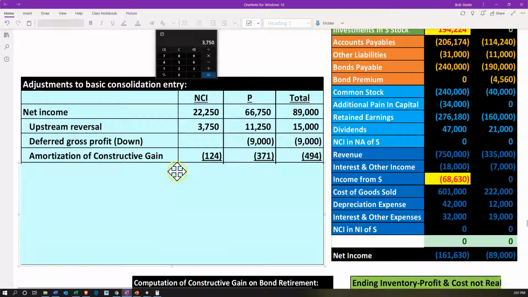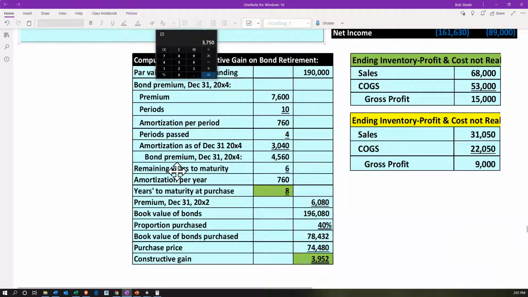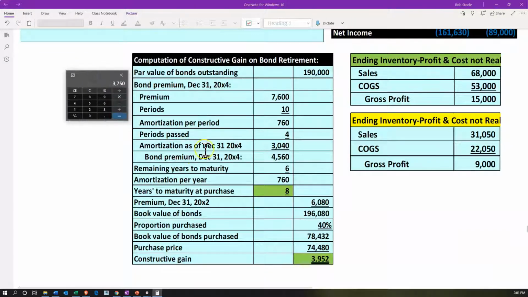Then we have the consolidation of the constructive gain. So the constructive gain, you'll recall, we calculated down below. Where did the constructive gain go? Here it is. I made it green so I would see it, and then I couldn't see it. So that's going to be the constructive gain, which we had to calculate from the purchase that took place of the bonds from a third party that were intercompany bonds. That's the 3,952. We divide that by the number of periods that were remaining.